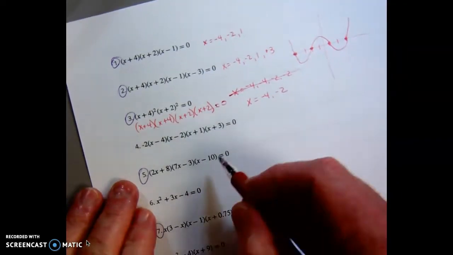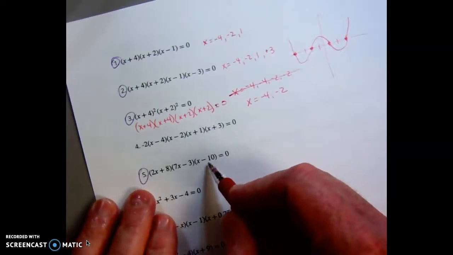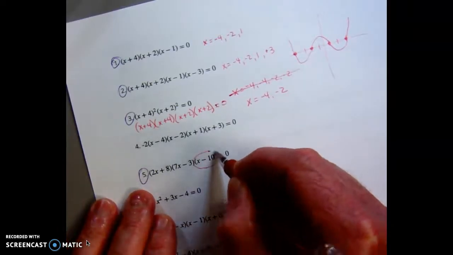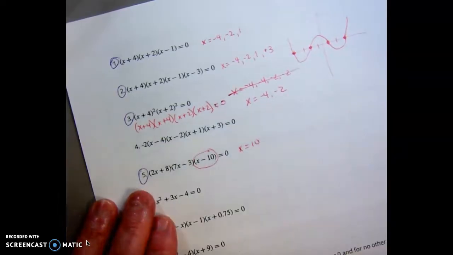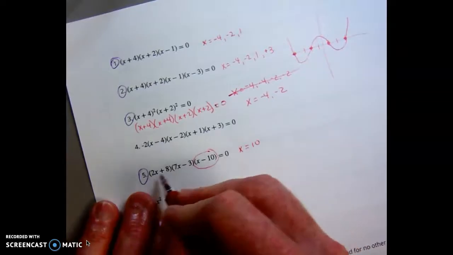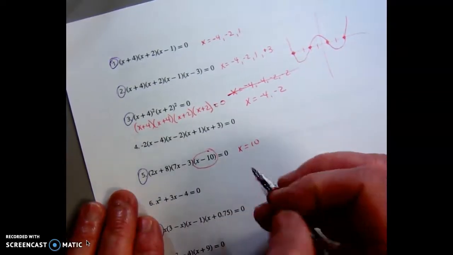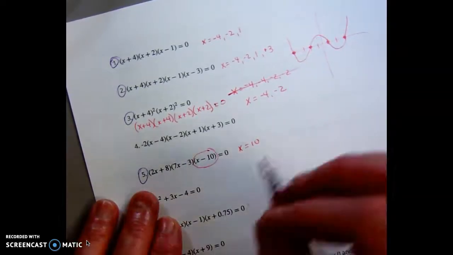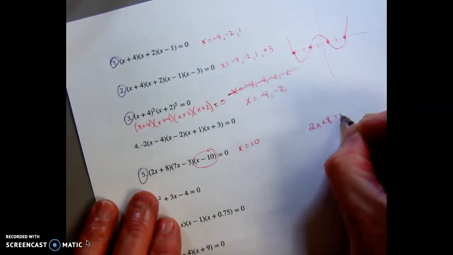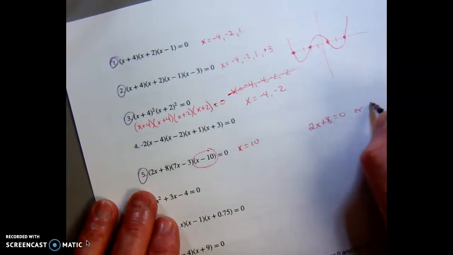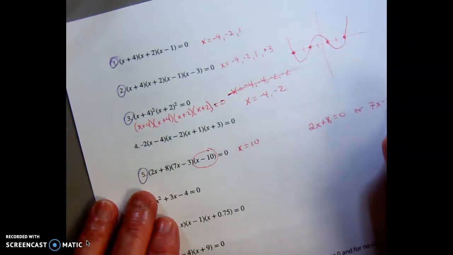All right, number 5, it gets a little trickier here. This first one, that's the obvious one. X equals positive 10. Now these are a little bit trickier, so we got to be careful here. So we're going to set each of those equal to 0. So 2x plus 8 equals 0, or 7x minus 3 equals 0.